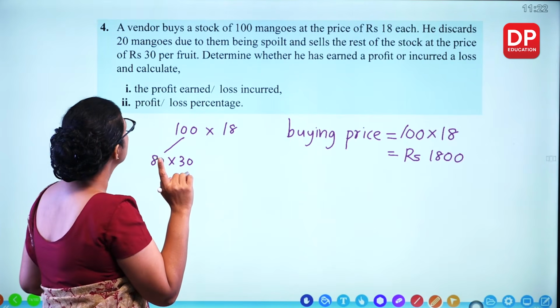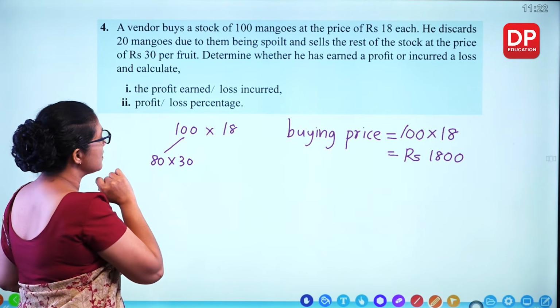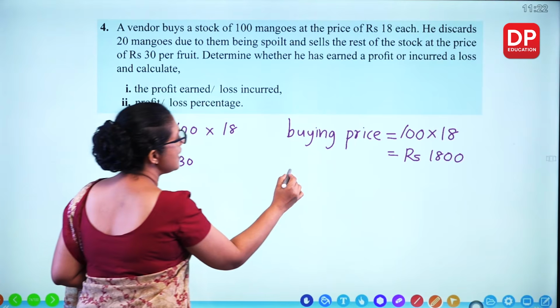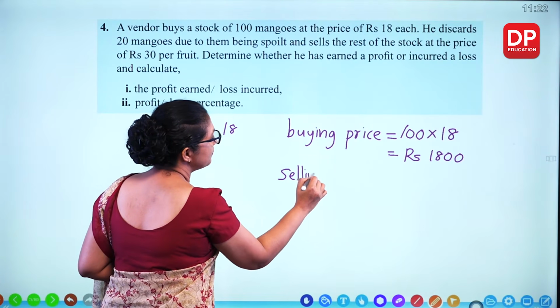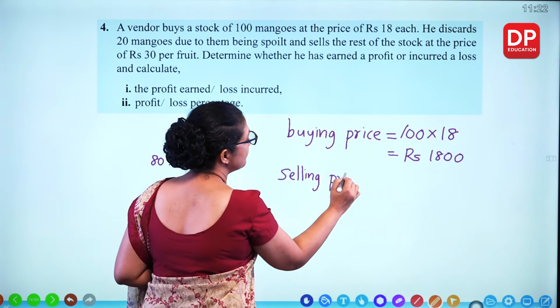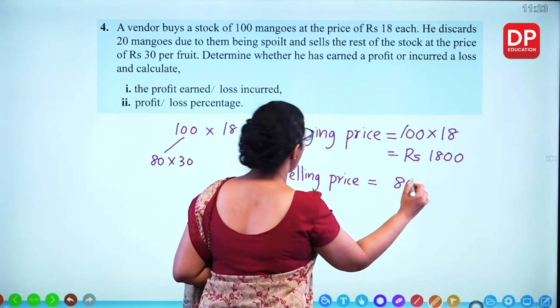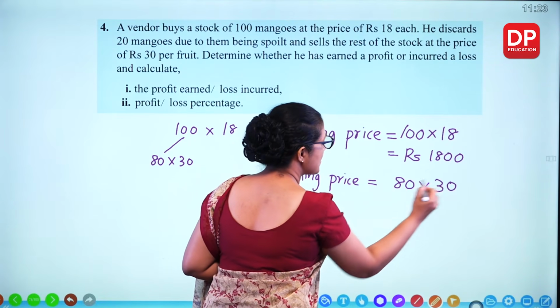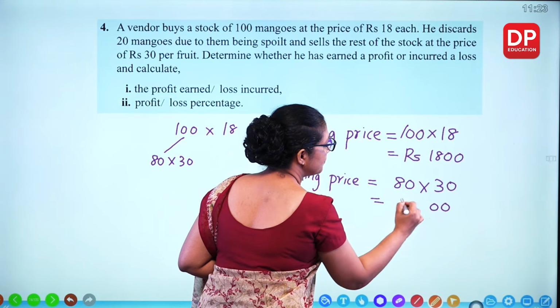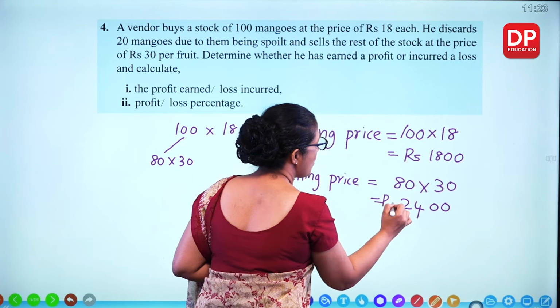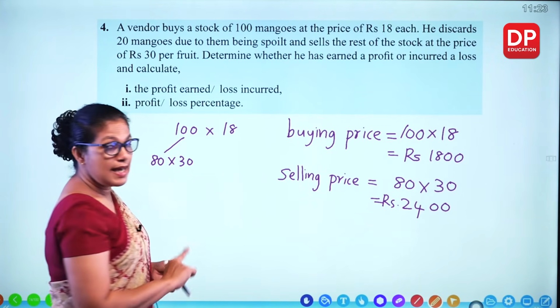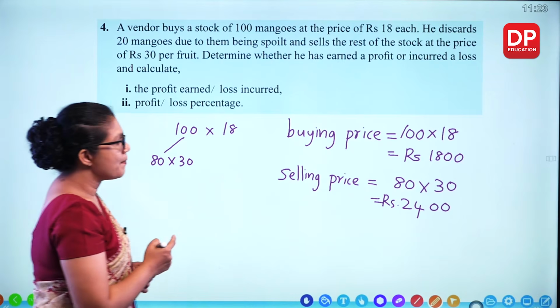Then 80 mangoes. So selling price is 80 mangoes for 30 rupees, 2,400. So selling price is more than the buying price.